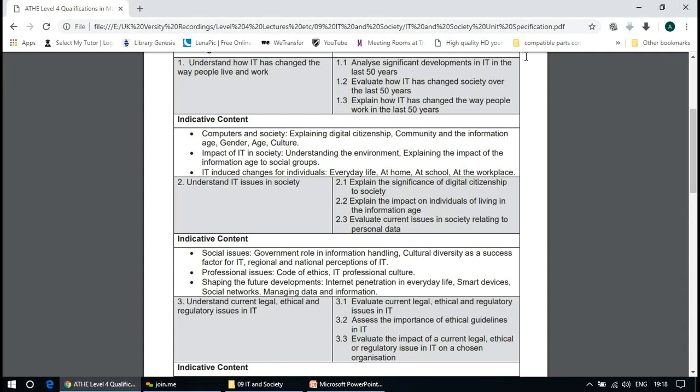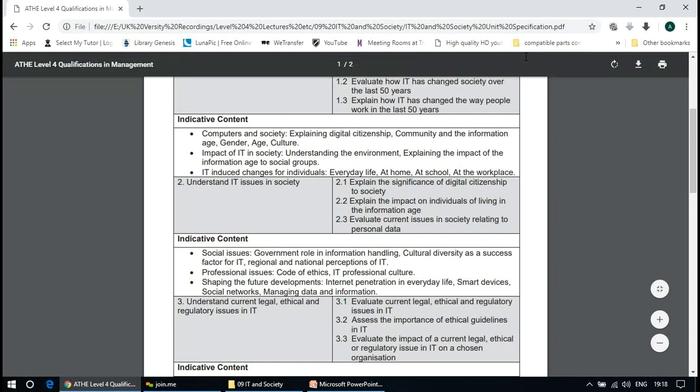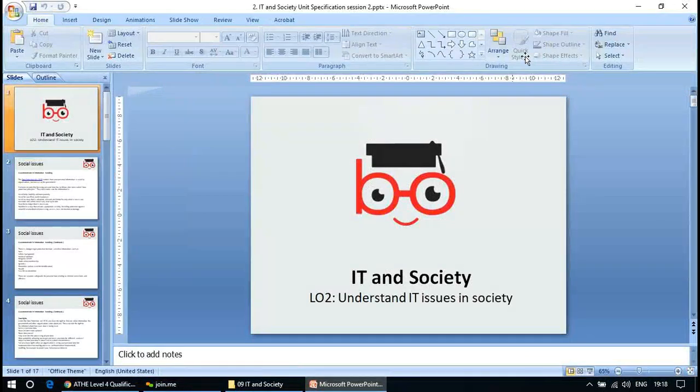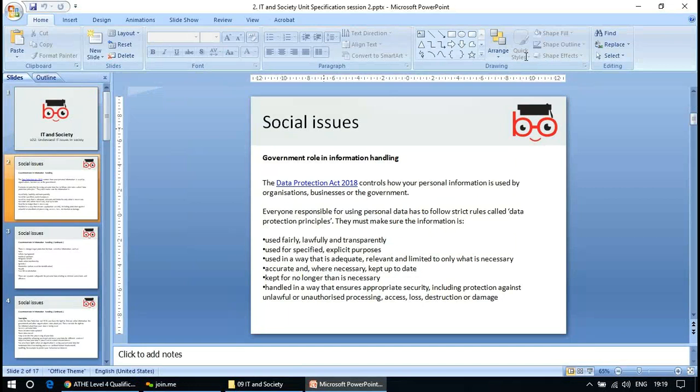Social issues include the government role in information handling, cultural diversity as a factor for IT, regional and national perception of IT, professional issues, shaping the future developments, internet penetration in our daily life, smart devices, social networks, managing data and information, that we will be discussing now. So, LO2. Social issues is the header. The government role in information handling.